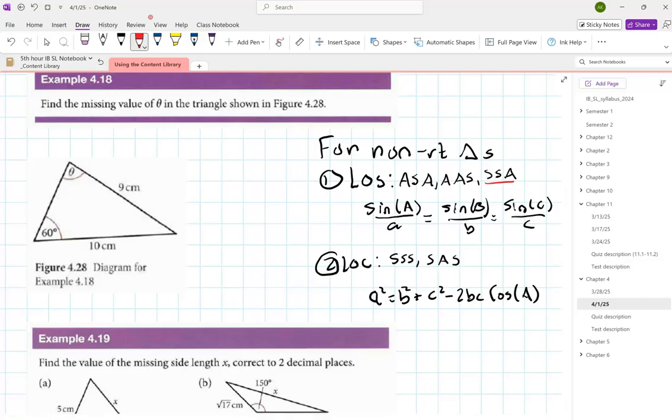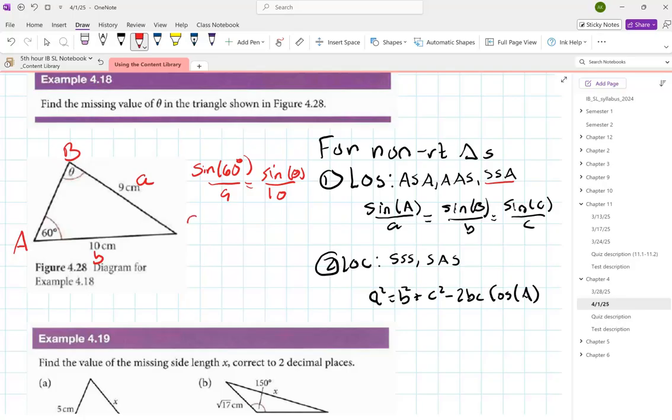Now, if you remember your trigonometry, sometimes these SSA cases can get rather nasty. That won't happen in this class. So that's nice. To set this up, I'm going to say that this is angle A, and the side opposite is side A. I'll call that angle B, and the side opposite then is side B. So we'll say sine of 60 degrees over 9 equals sine of theta over 10.